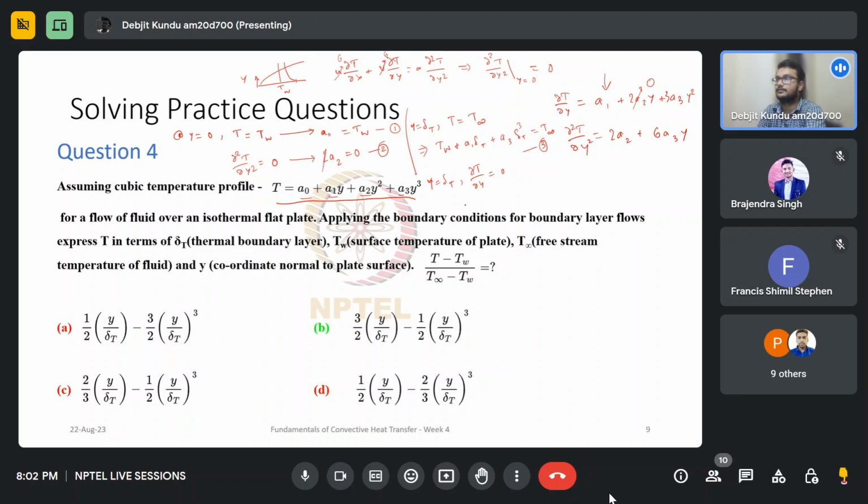So it will be A1 plus 3A3 delta t squared equal to 0.